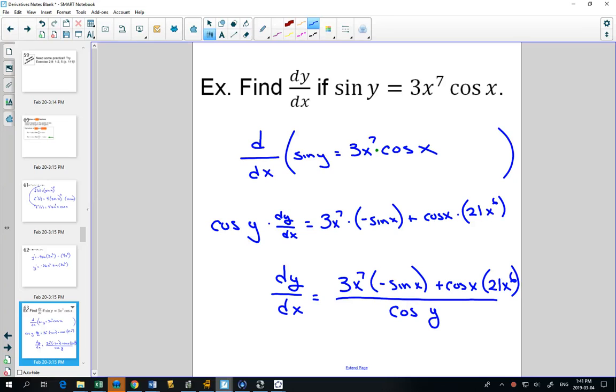So what Ethan's saying is I can get y by itself by doing the sine inverse of both sides. And then if I knew how to do the derivative of sine inverse, then I could do this directly. But so far, that's a function we don't know. What are the functions we know so far?